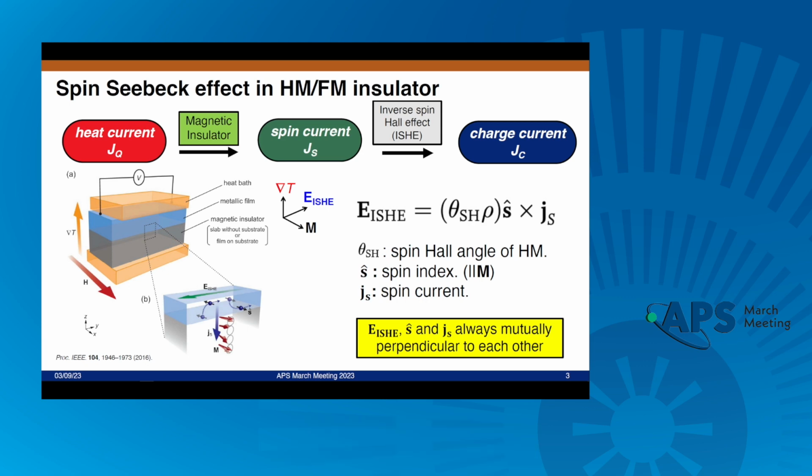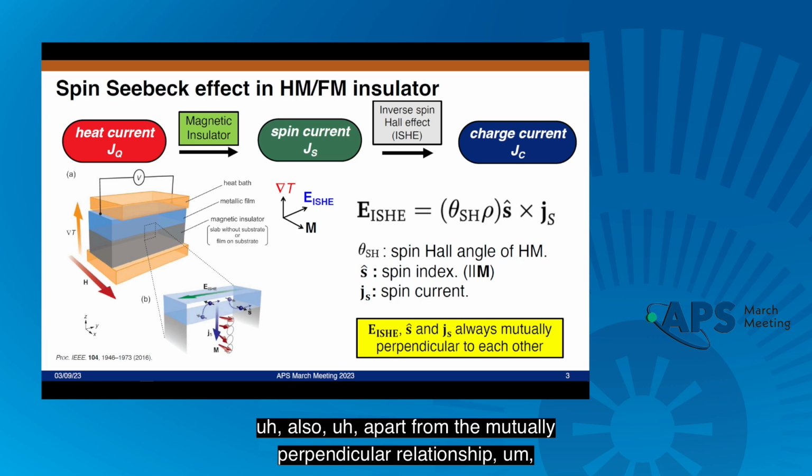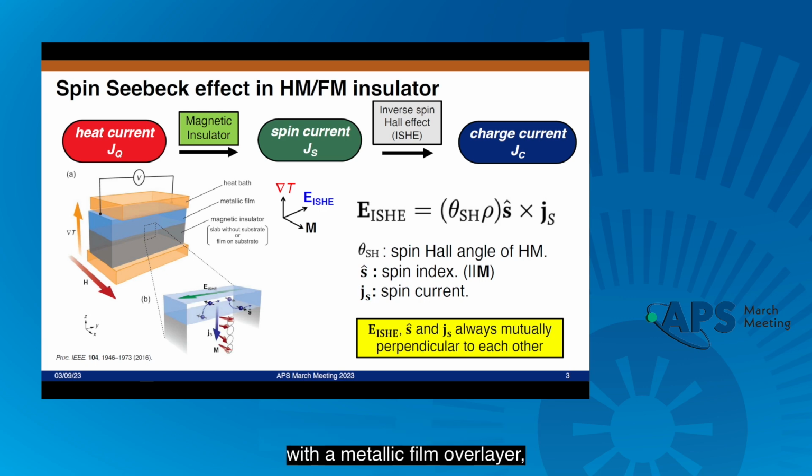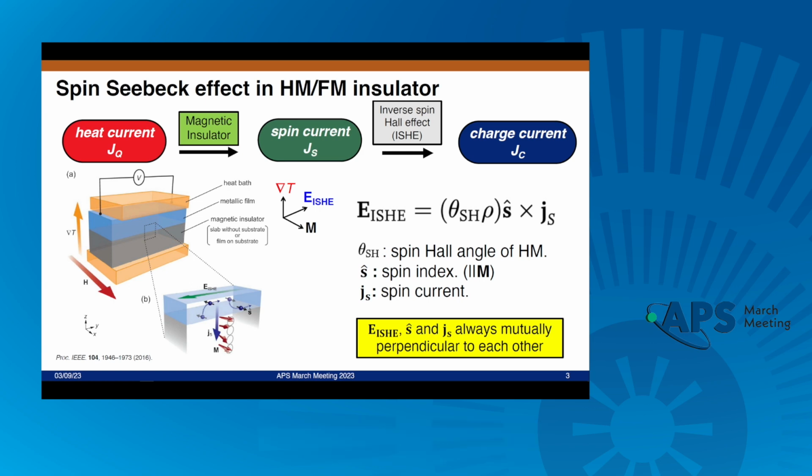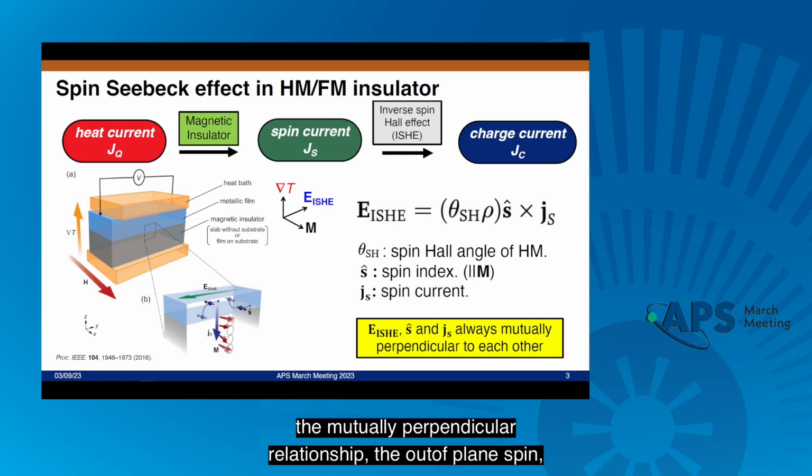So, apart from the mutually perpendicular relationship, with a metallic film overlayer, you can only detect the spin current injected from the out-of-plane direction.